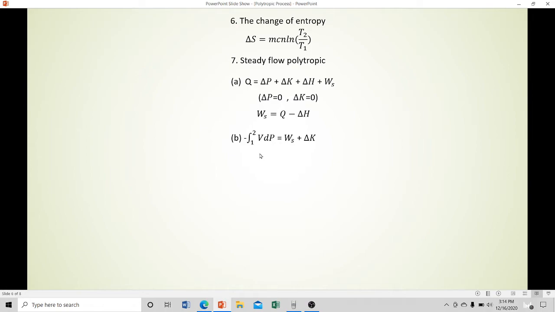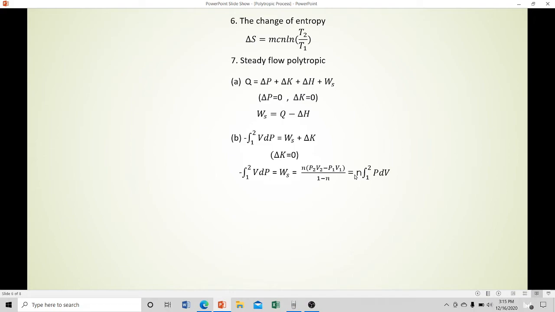So for the B, we have this equation: negative integration from limit 2 to 1 of VdP is equal to work steady flow plus change of P, where change of P is equivalent to 0. So this equation is equal to work steady flow, or this equation becomes n(P2V2 minus P1V1) over 1 minus n, or we can rewrite it into the form n times the integration from 2 to 1 of PdV, which is equivalent to work non-flow.